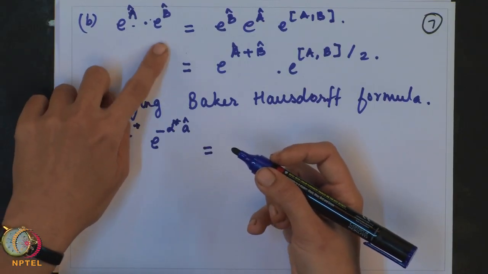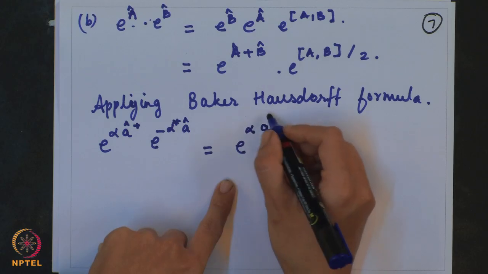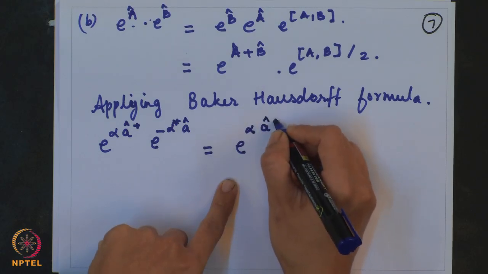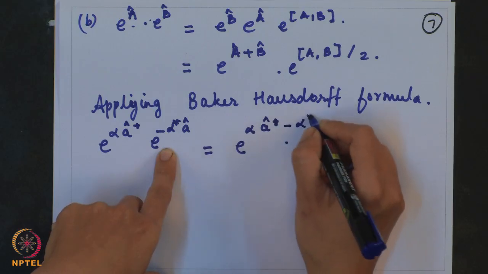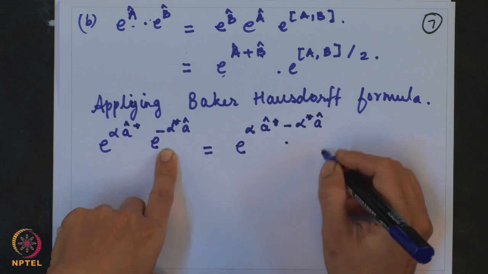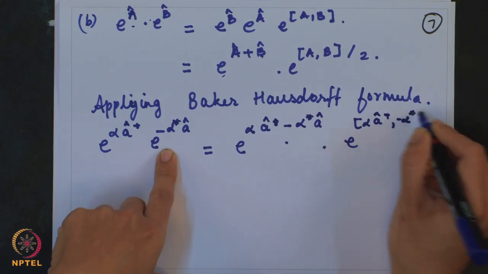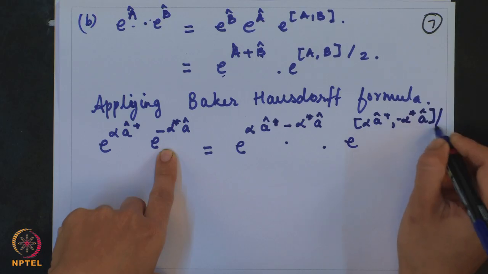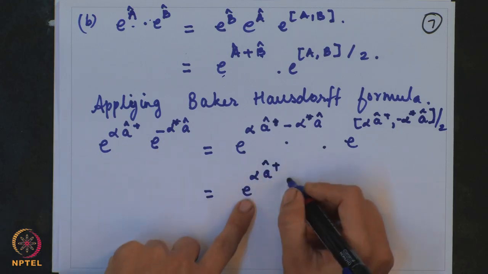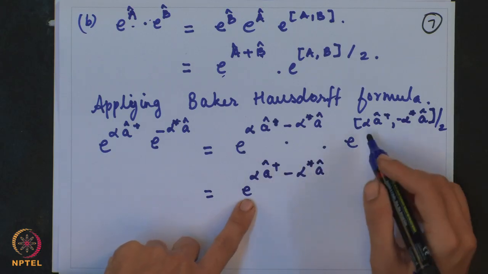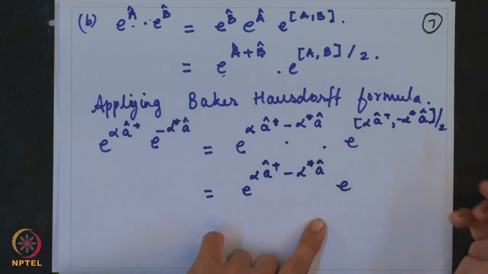I can write this as e raised to alpha A dagger, okay, this term, in minus alpha star A. So, I have used this, times e raised to alpha A dagger minus alpha star A divided by 2, and this will be A dagger, alpha A dagger minus alpha star A, and I can have alpha square outside and the commutator of A dagger and A dagger is 1.